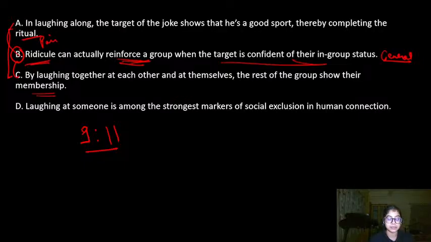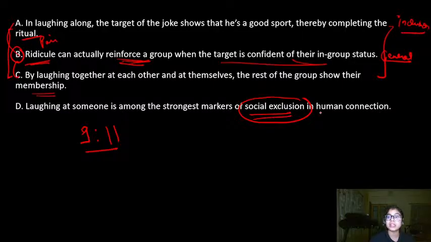Now look at D. D says laughing at someone is among the strongest markers of social exclusion. The other three sentences were talking about how it's a great marker for social inclusion, whereas this is talking about social exclusion in human connection, which is obviously directly opposite to the given statements.